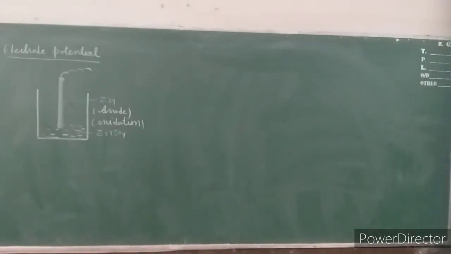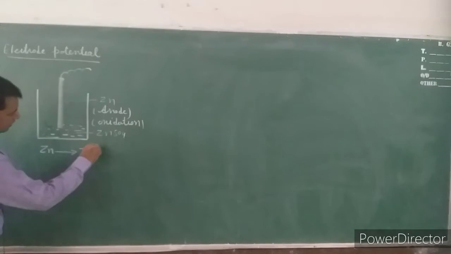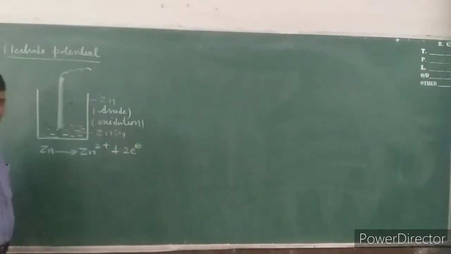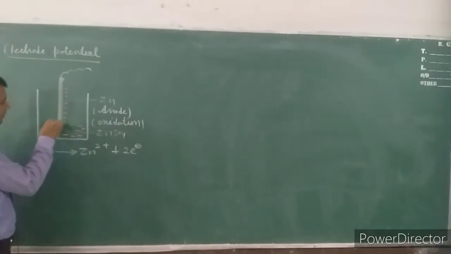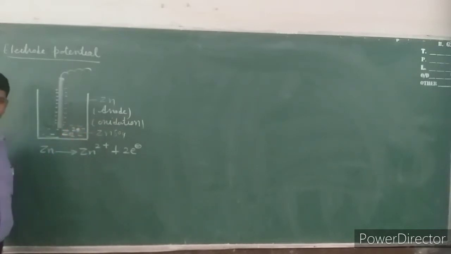So oxidation means loss of electrons. The zinc loses electrons and converts into Zn2+, losing 2 electrons. As soon as the zinc loses 2 electrons, the electrons accumulate on the surface of the zinc electrode, and the positive ions enter the electrolytic solution.